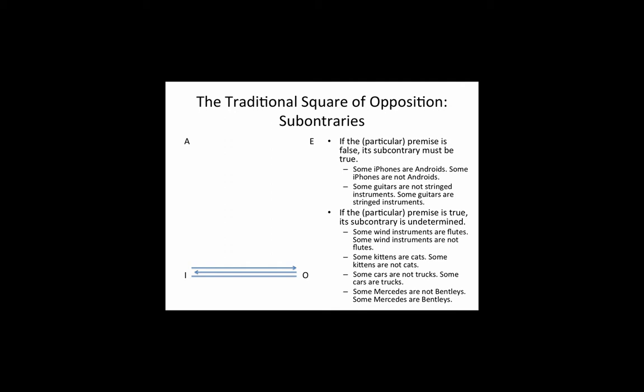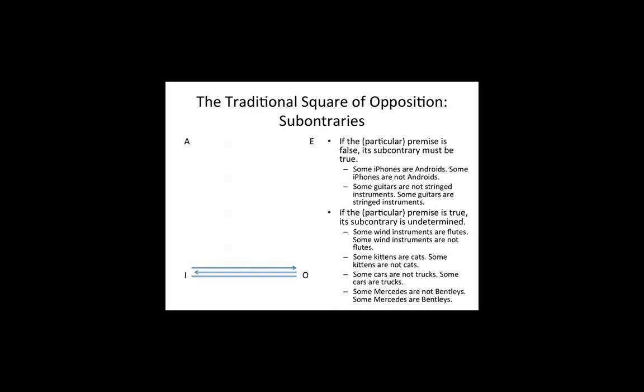On the other hand, it may be the case that your two particular claims, your subcontraries, are both true at the same time. So because if you start with a true particular, you may end up with a true or a false subcontrary, the inference from a true particular to its subcontrary is undetermined. Take a look at the examples.